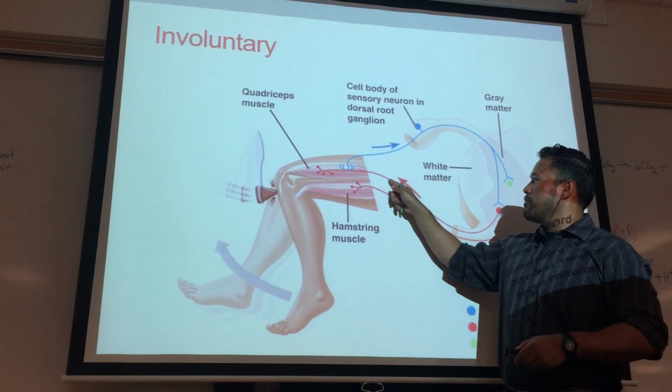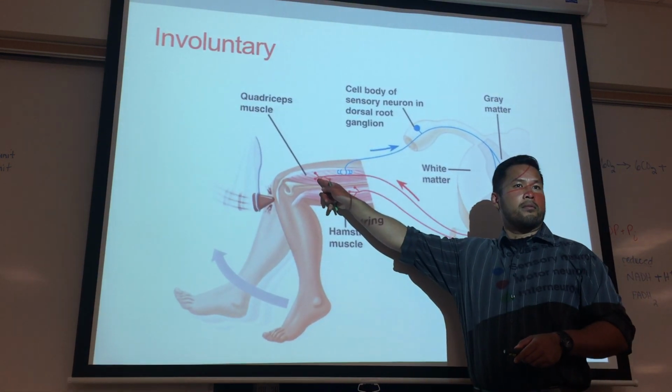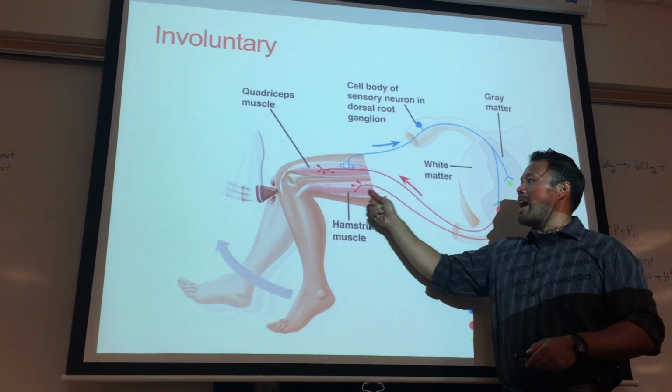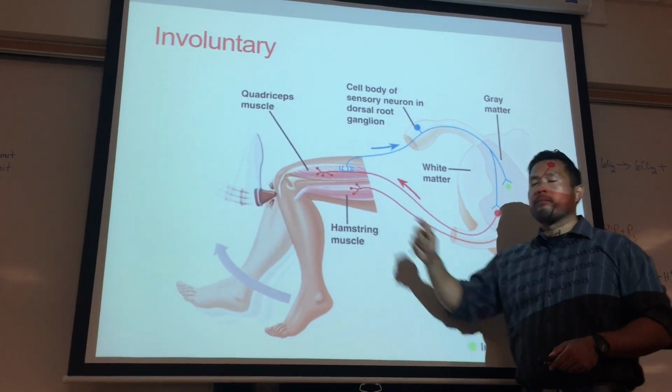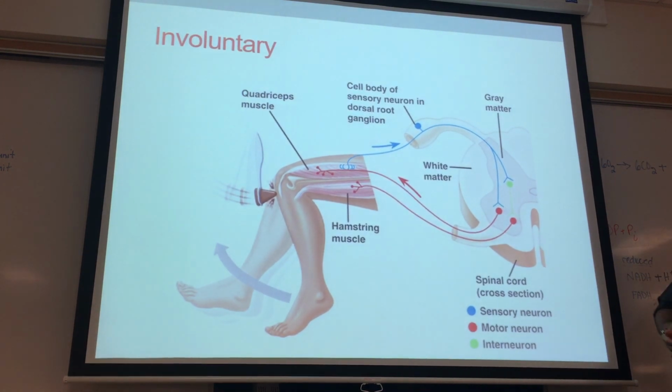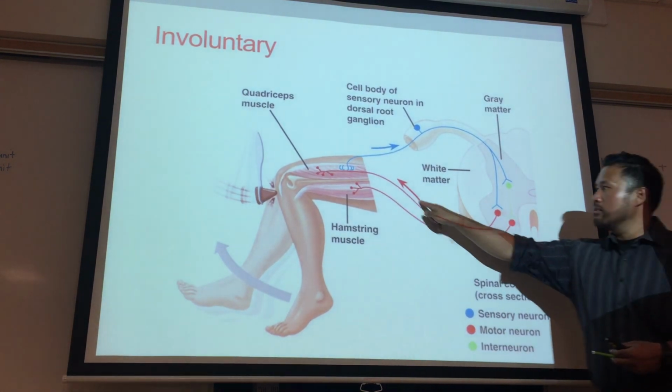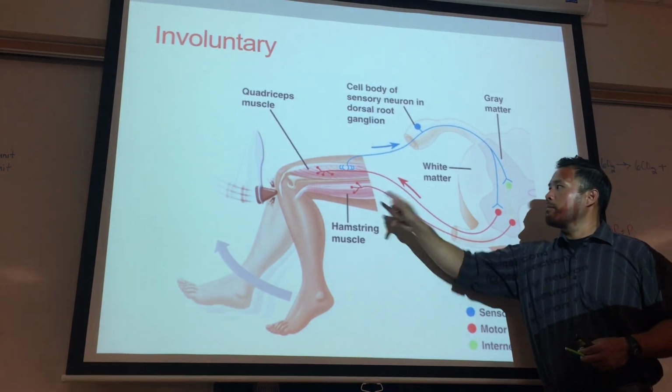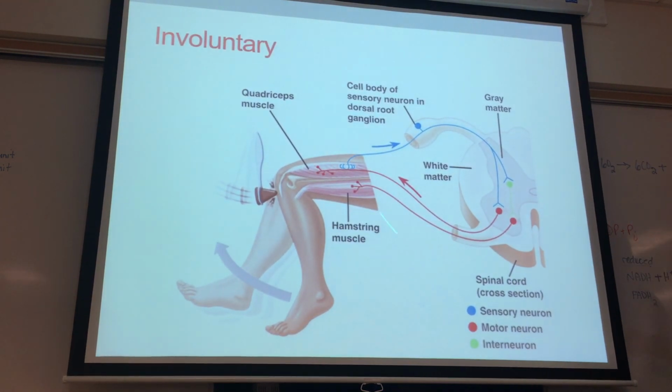One reaction involves the quadriceps itself, and the other involves the antagonist muscle, the hamstring. Each of these targets one muscle, and this targets another. So this is an example of a reflex pathway. And again, there can be another branch from this that sends its information back up to the brain for the conscious perception of that information.